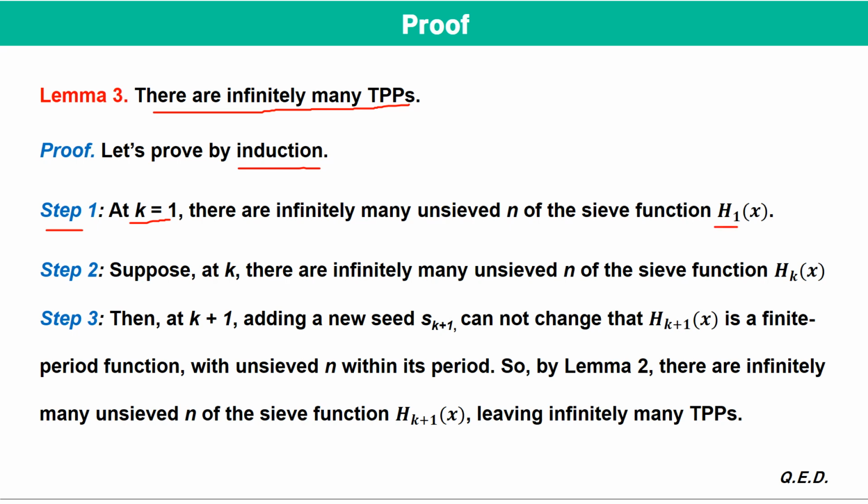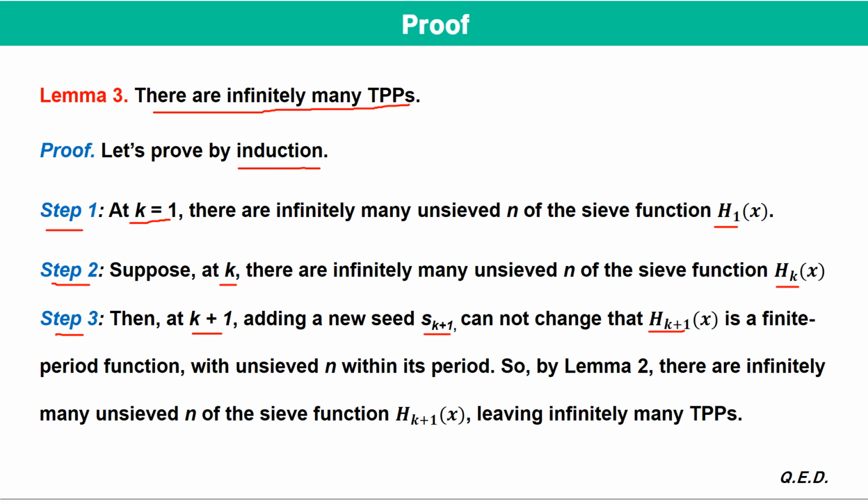Step 2. Suppose at k, there are infinitely many unsieved n of the sieve function hk. Step 3. Then at k plus 1, adding a new seed as k plus 1 cannot change that hk plus 1 is a finite period function with unsieved n within its period.